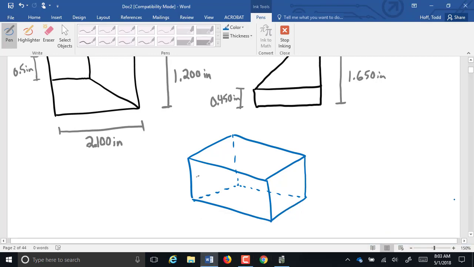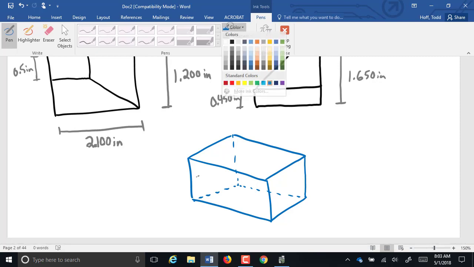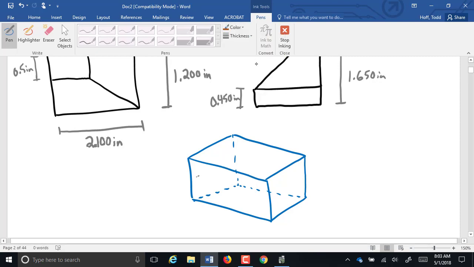Okay, so if we're thinking about this box again, this one actually is easier than the last one. It's just maybe a little more difficult to visualize. The height of the box here is the difference between these two dimensions. 1.2 inches, very good.